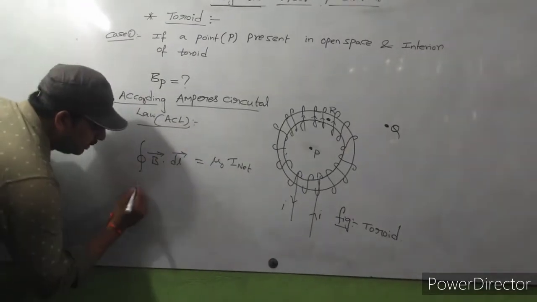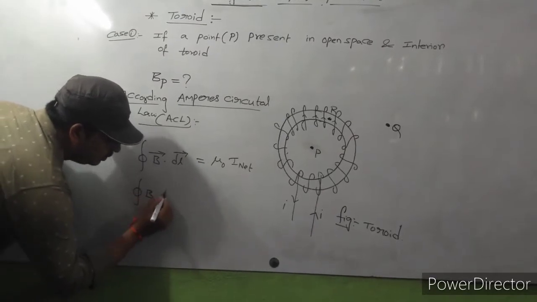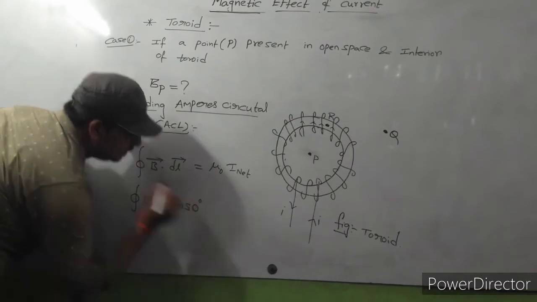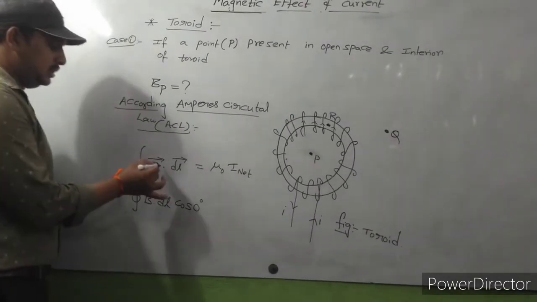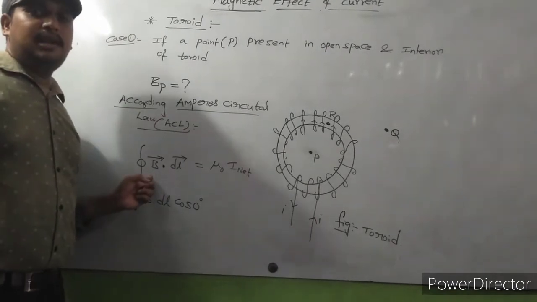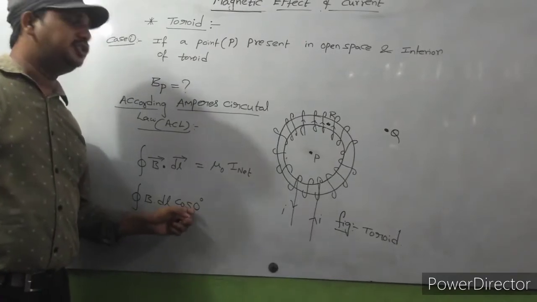From this, we can write this as the line integration of B into dl into cos theta. This is a dot product, and whenever there is a dot product, we take cos theta. Here theta value is 0 degrees.